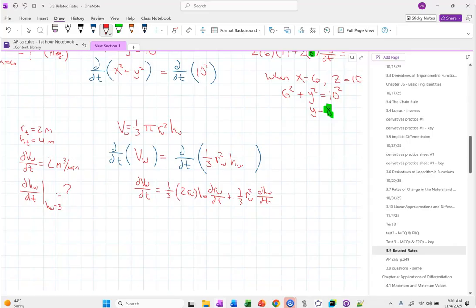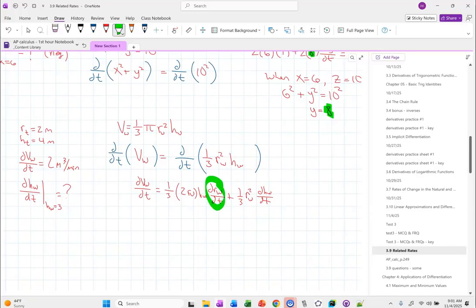Who sees a problem? Do we have that? Oh, I'm sorry. I circled the wrong thing. Yes, we're looking for that.